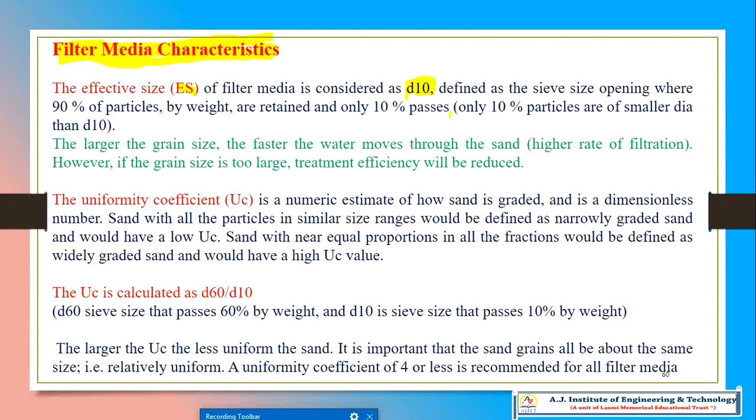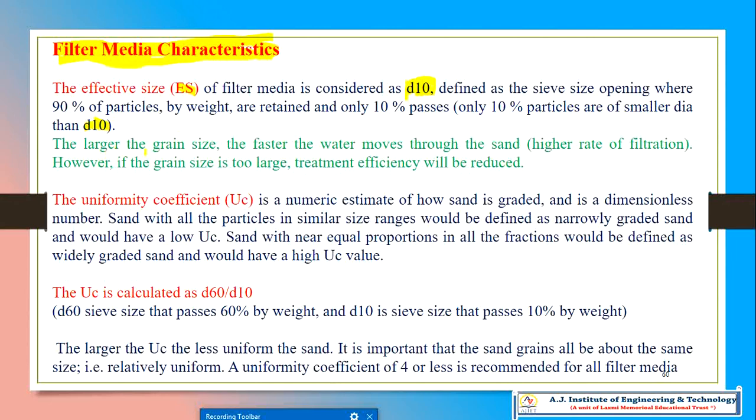Take any sieve size. If you put a particular size of sand, 90% of the particles are retained in the sieve and 10% by weight, the 10% of the particles with smaller diameter, then it is D10.